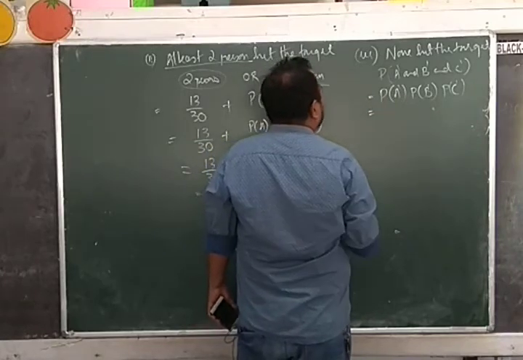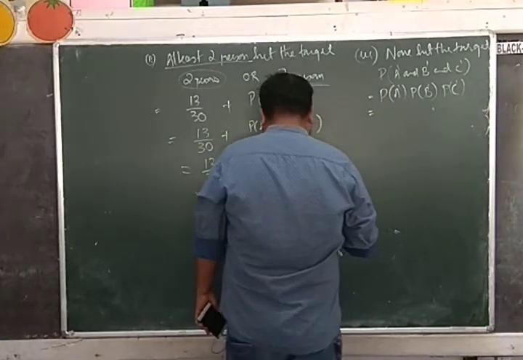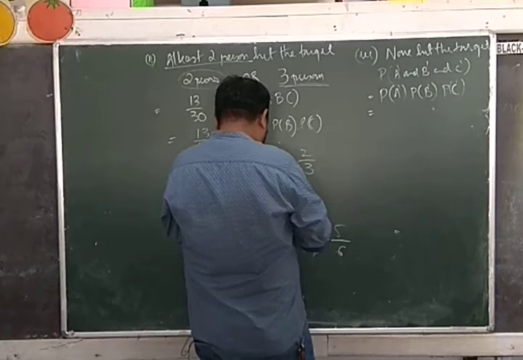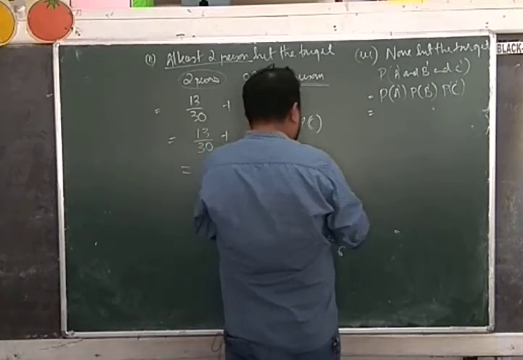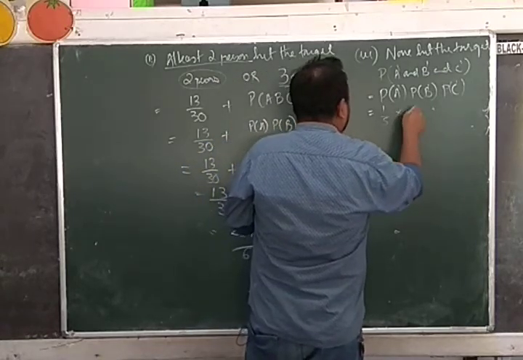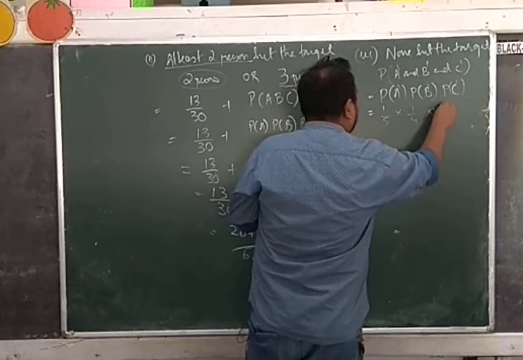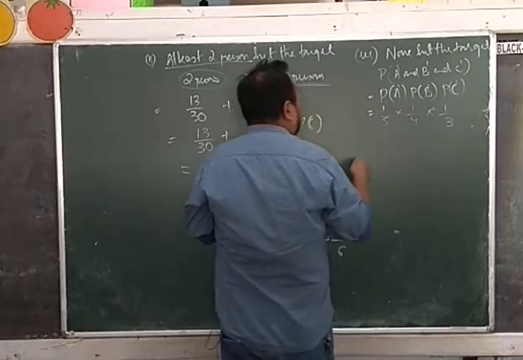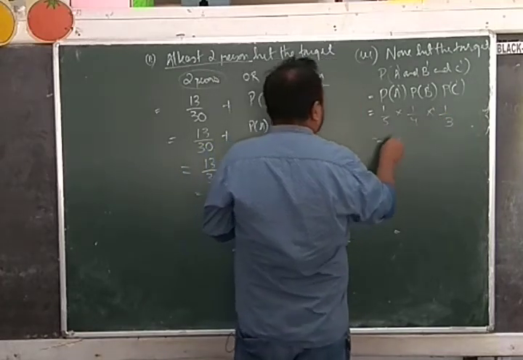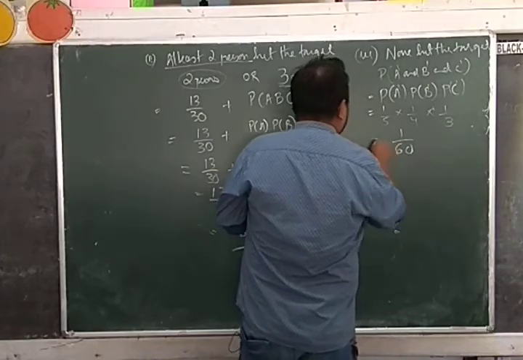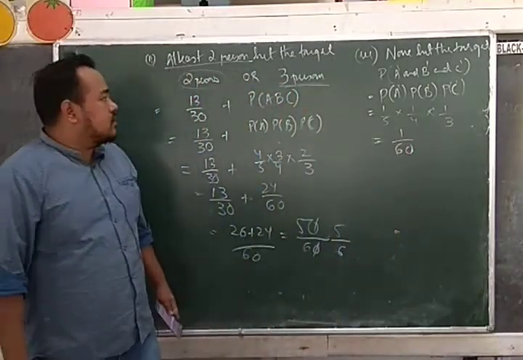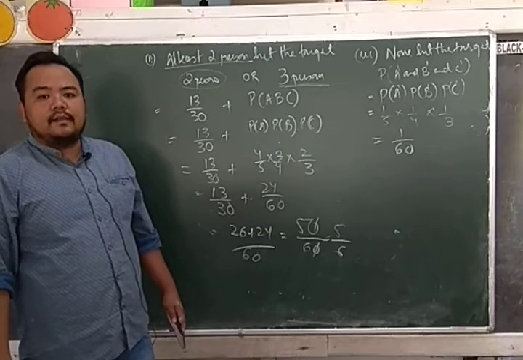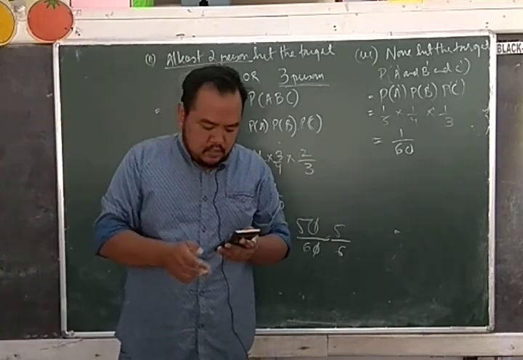So what is probability of A dash? We have already calculated, it's 1 by 5. Probability of B dash, 1 by 4, into probability of C dash, 1 by 3. So what you get is equal to 1 by 60. That means out of 60 chances, there is 1 chance that none will hit the target. Okay.